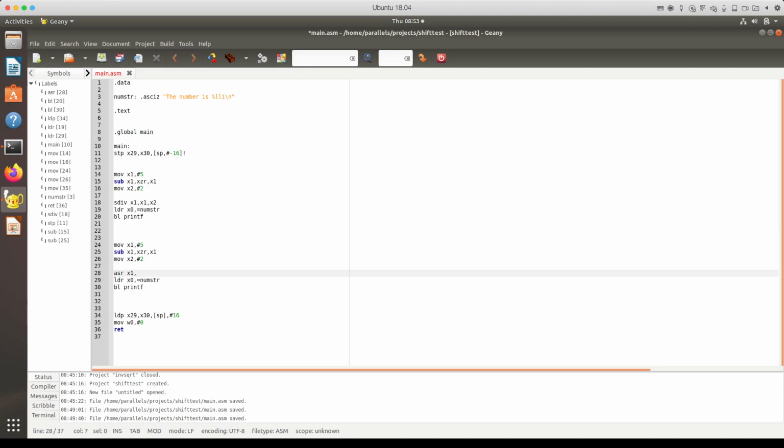Also X1. What's our shift amount in this case? Just the number 2, which happens to be an X1, right? So I could do this, or I could do that, right? Is that okay? What's wrong? Oh, by 2, sorry. Yeah.